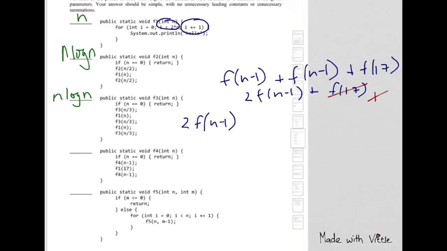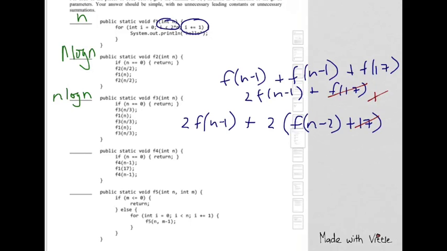If we go to the next recursive call, we'll carry our 2 f of n minus 1, and then do 2 times f of n minus 2 plus the 17 from the f of 1 call. We're going to toss out the 17 again like last time, because it's not significant to our overall runtime.